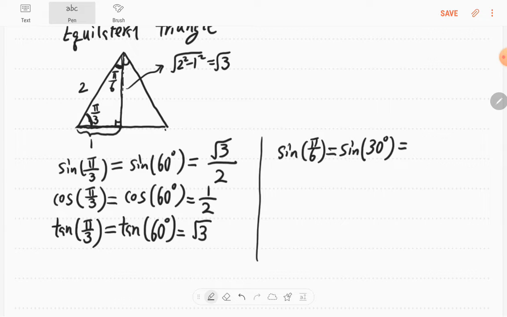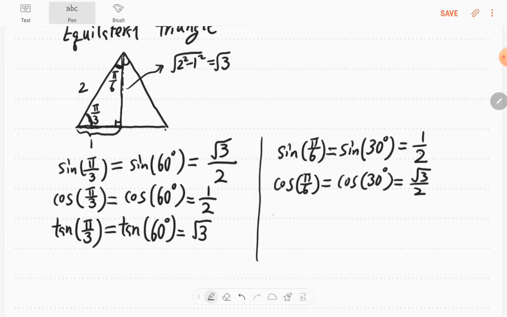Which is 1 over the hypotenuse, which is 2. Cosine pi over 6, which is equal to cosine 30 degrees, is square root 3 over 2. Or it's equal to sine 60 degrees, right? We can use the cofunctions of the complementary angle.